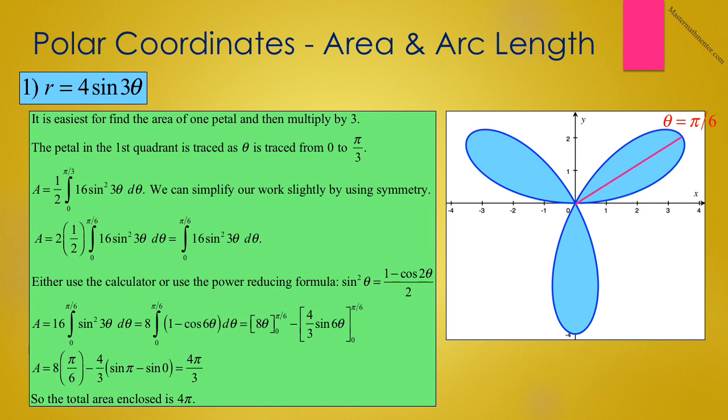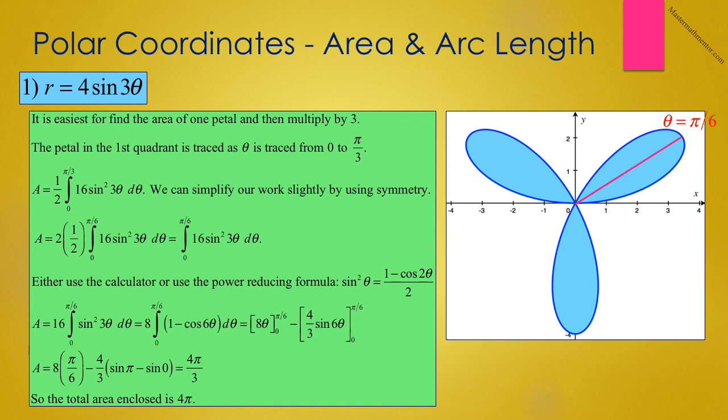If you are allowed to use the calculator, by all means, put the expression in and calculate the answer. However, we can actually integrate this by using the power reducing formula sine squared theta is equal to 1 minus cosine of 2 theta all over 2.